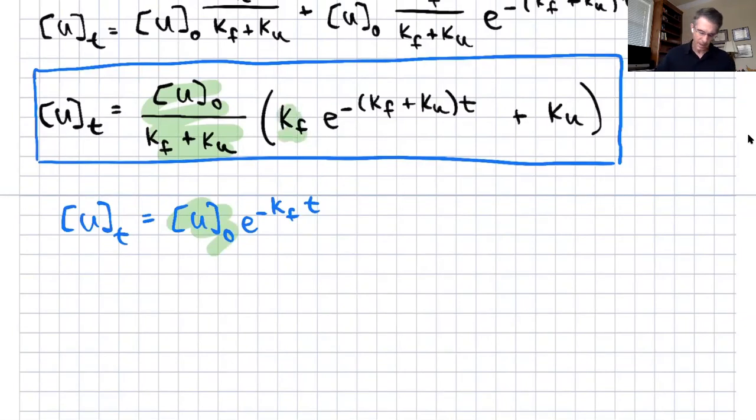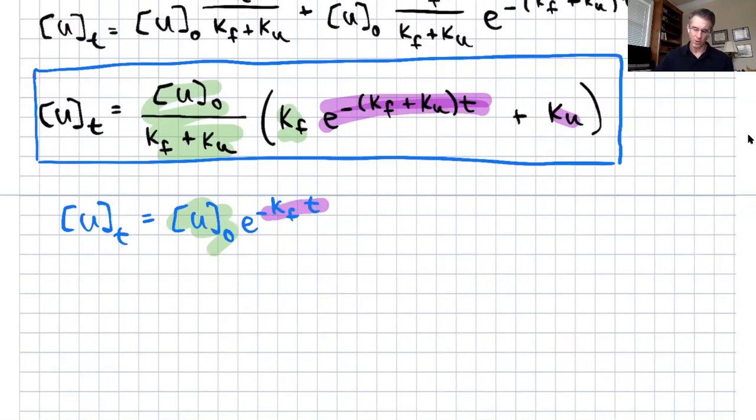Then you have this exponential term right here. And then we've got a little extra over here, this addition, sort of baseline component. But in basic form, we've got pre-exponential stuff and then an exponential term.